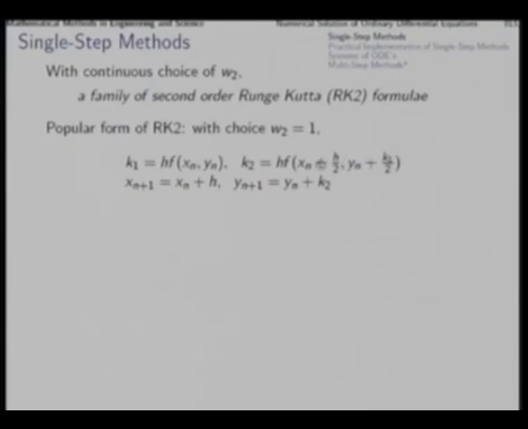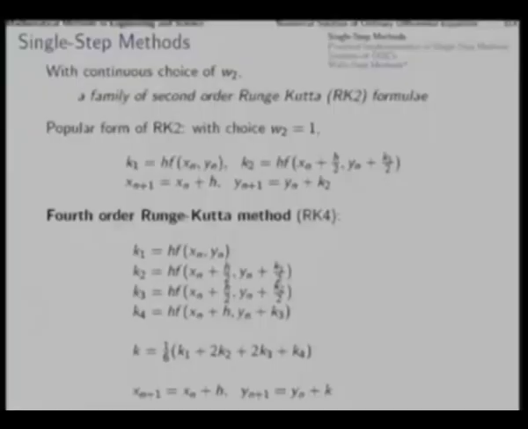At that midpoint, you evaluate the function and thereby work out the second proposal for the step, and then take the second step only, not the first step at all. So, that will mean that W2 is 1 and W1 is 0. This has been used only as a stepping stone for evaluating this function, and after that this is not used at all. The actual step has been taken equal to K2. So, this is second order Runge-Kutta method.